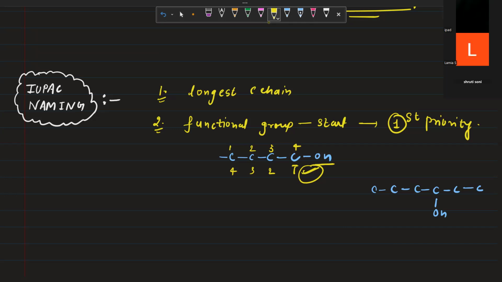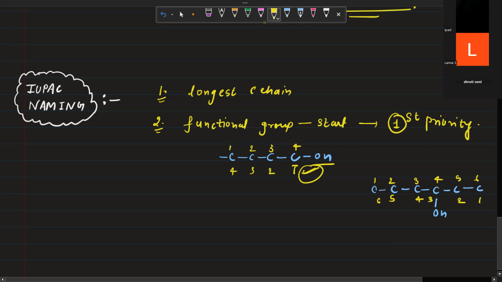Let's suppose here are two possibilities: first, second, third, fourth, fifth, and sixth, and another is first, second, third, fourth, fifth, and sixth. Which is correct? It should be the shortest chain, right? Or the longest chain defines the basis of the molecule.